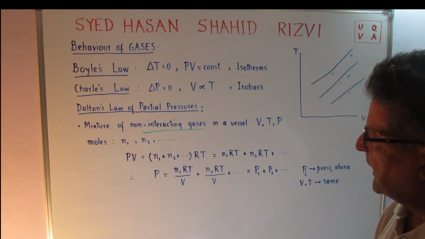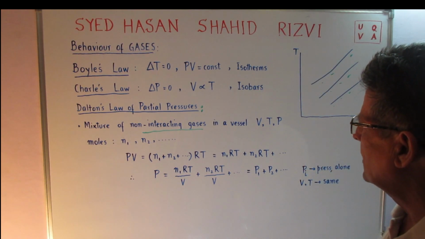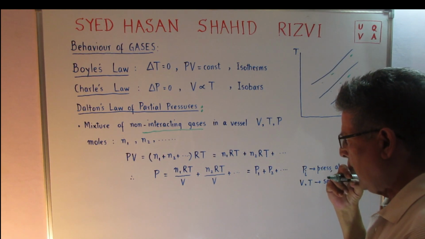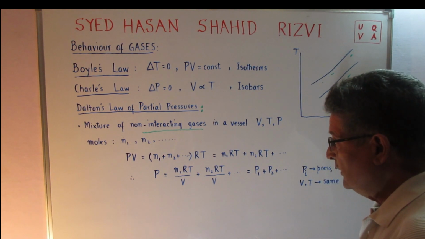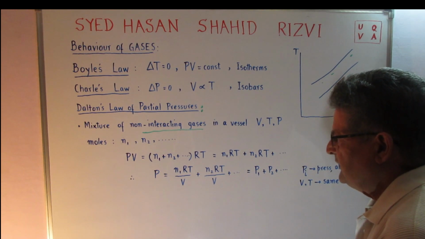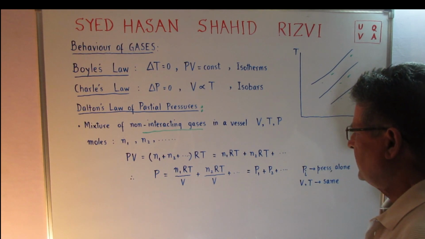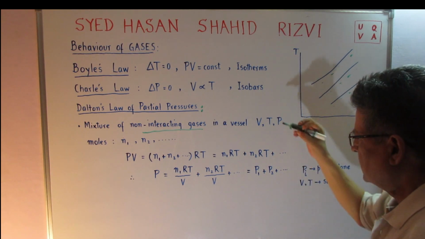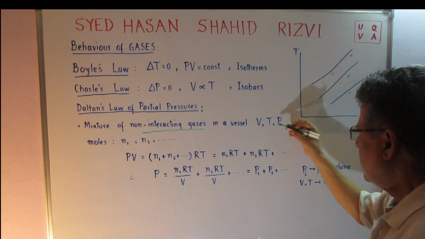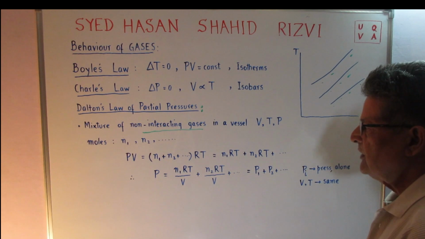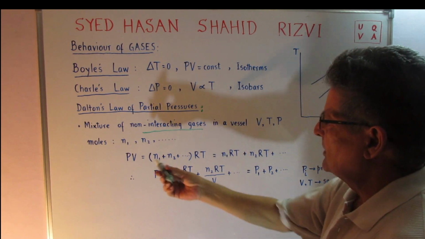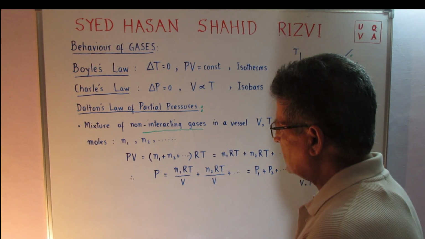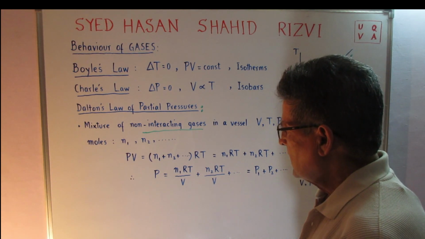They have their independence, and anyway, they do live together, they stay together, and let us say that for a vessel of volume V having a temperature T and a pressure P, let there be n1, n2, n3 moles, etc. of the non-interacting gases.